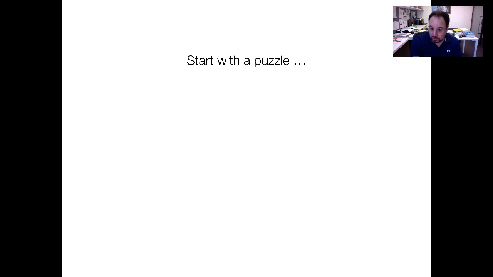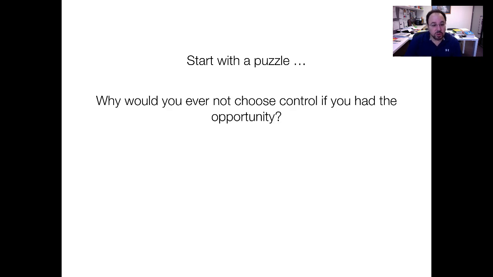Have you got formal intellectual property? You've got a patent? How are you protecting this? And there was a reason for that. Why would you ever choose something other than trying to control who can profit from your innovation if you had the opportunity to do so? Why wouldn't that be your first priority in any of these things?